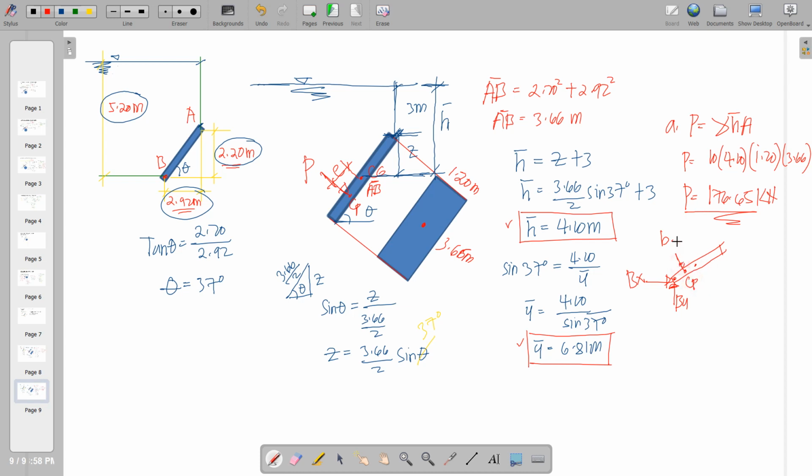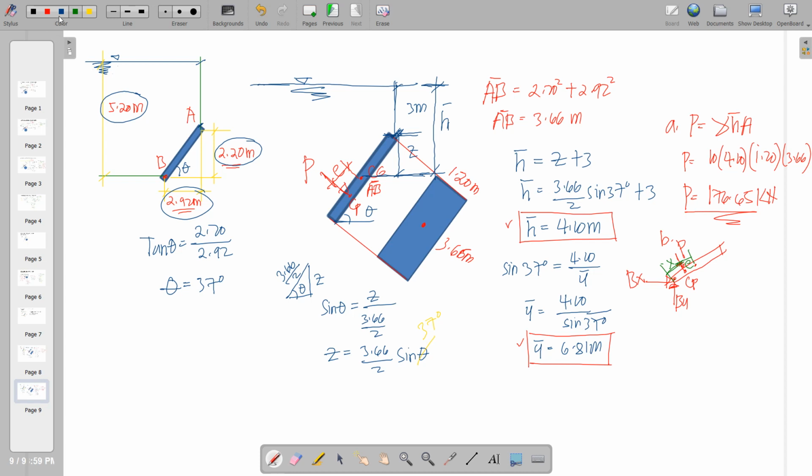We have here P, and this is E. Okay, we need that one because consequently we'll be dealing with this distance. Say this is the x distance. So we need x because we are going to take moments at B.